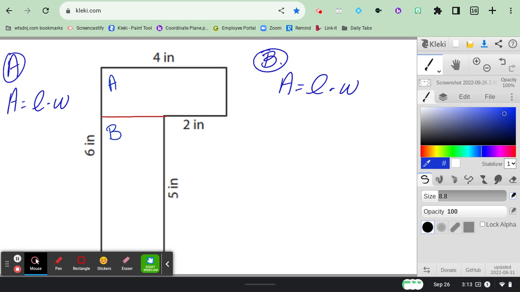Now, I need to figure out what the length and the width are for each one in order for me to calculate the area. So I'm going to work with rectangle A first, and I notice that we have the length of 4 inches. So my length is 4, and I need to now multiply that by my width. Well, my width is going to be this piece, but if you notice, I don't have the length of that piece.